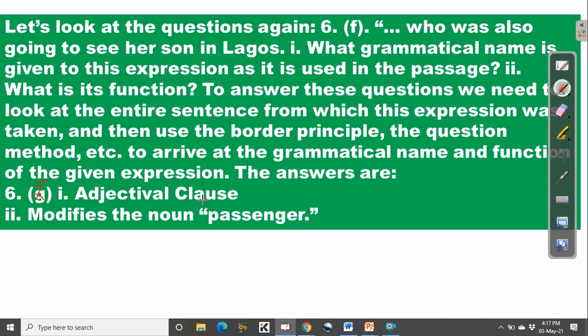They mean the same; an adjectival clause is a relative clause. Then II, which is the function: modifies the noun "passenger". That's how to present your answers to grammatical questions. I hope this is clear.